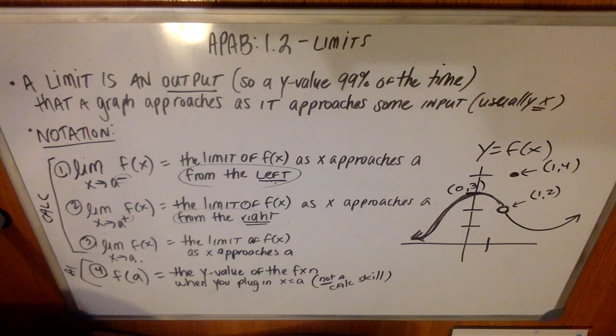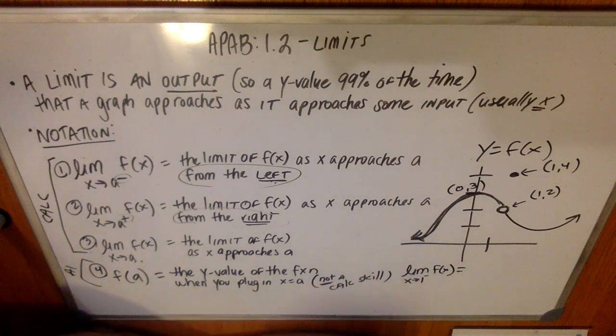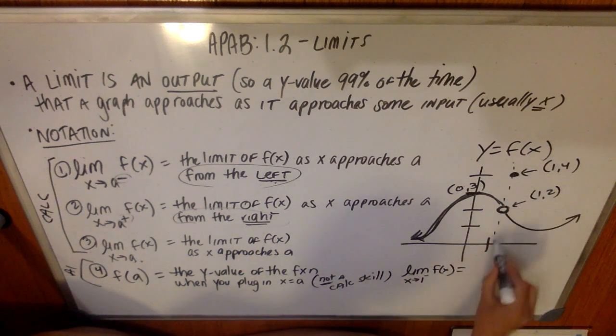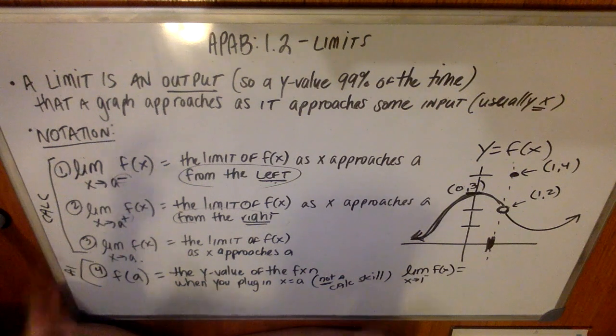Okay, so let's talk about what left and right limits look like. If I were to ask you for the limit as x approaches 1 from the left of this function f of x, what that means is here's where x is 1, right? I want to put a little stick figure on the curve just to the left of 1.